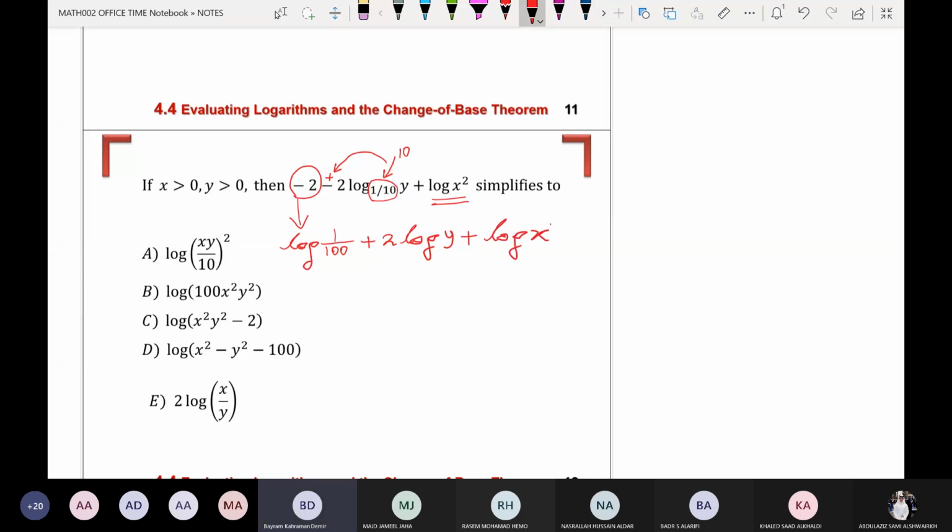And plus logarithm of x squared. So now this is logarithm plus logarithm plus logarithm, so it is all multiplication of arguments, right? So this is logarithm of 1 over 100 and y square and x square.